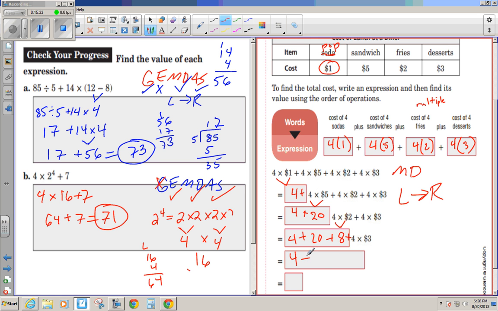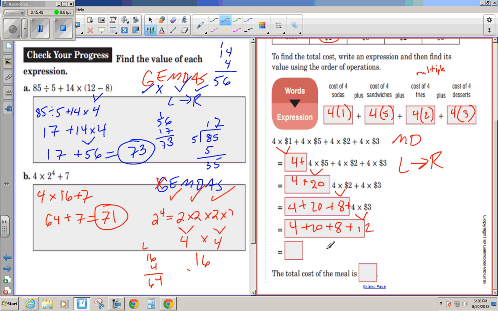So we've got 4 plus 20 plus 8 plus 4 times 3, 12. Add all of those up. 4 plus 20 is 24, plus 8 is 32, plus 12 is 44. So this whole meal costs $44.